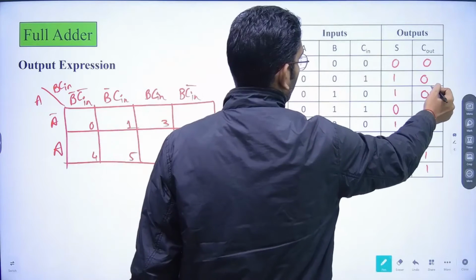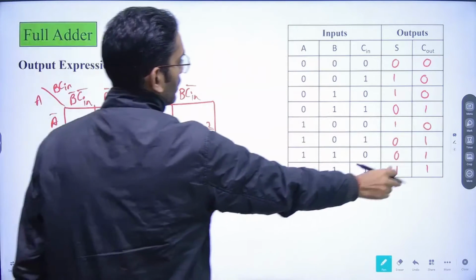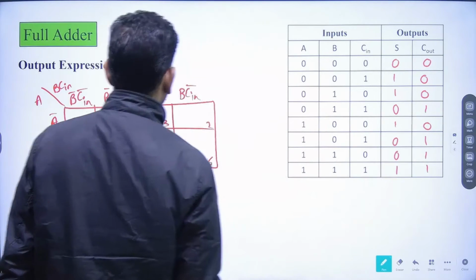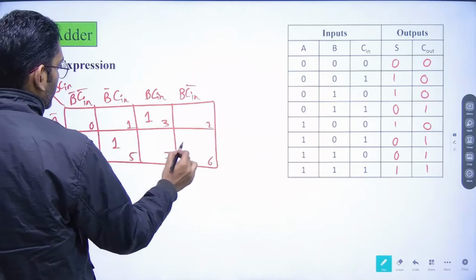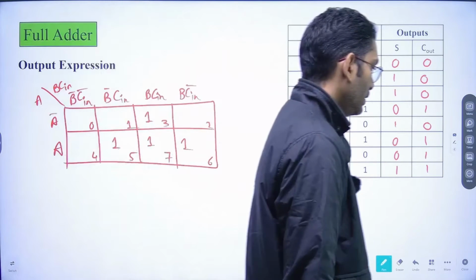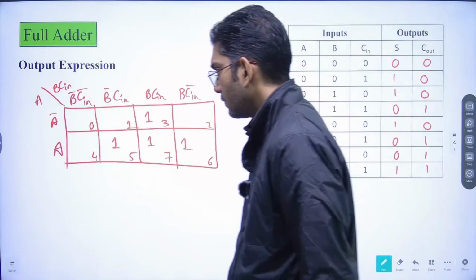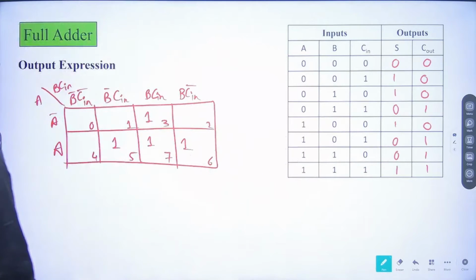Now for 3, we are getting 1, and for 5, 6, and 7 also. So in this way we are getting the things for the C out part.